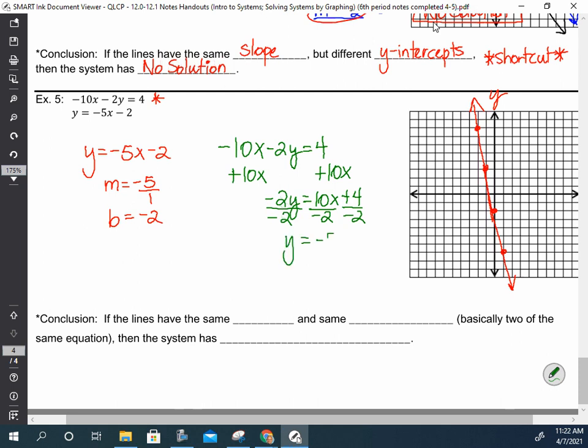So y equals negative 5x minus 2. So what do you notice? What do you see?